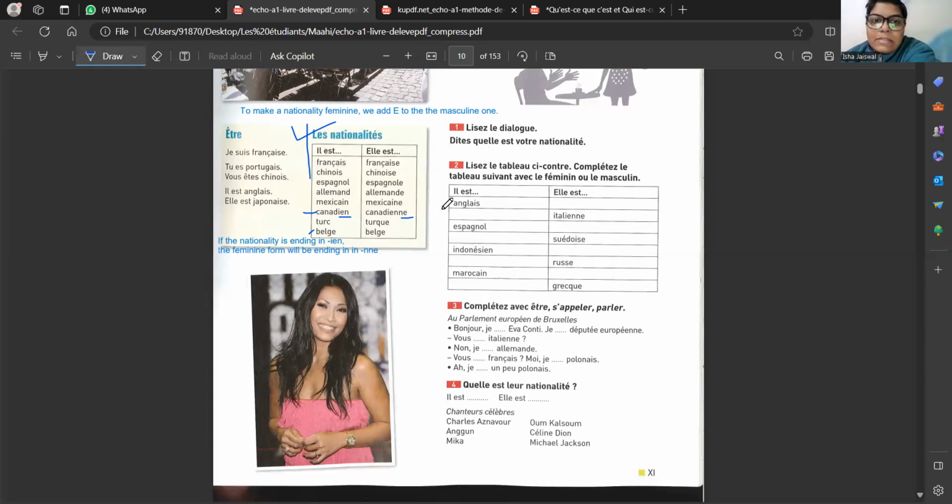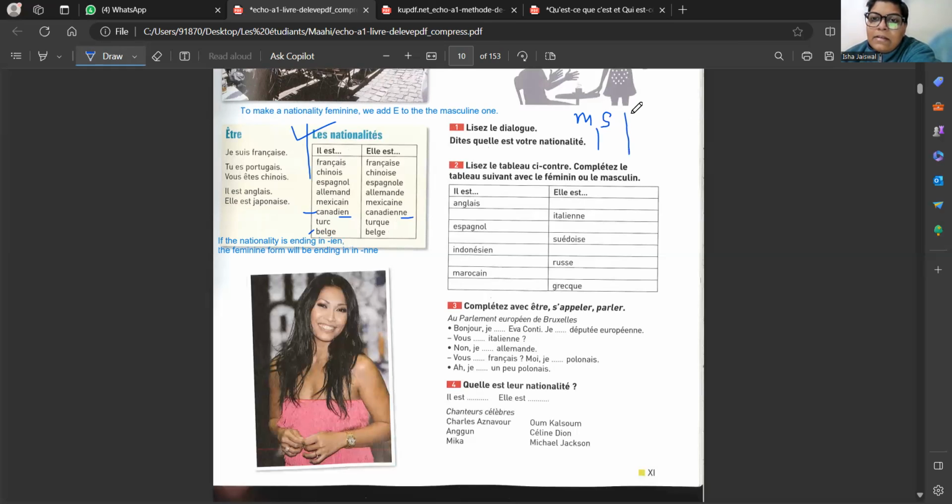I'll give you a list of nationalities. Okay, there are only some. There are many. So I'll give you all four forms. All four forms means there will be a masculine singular, the original form.